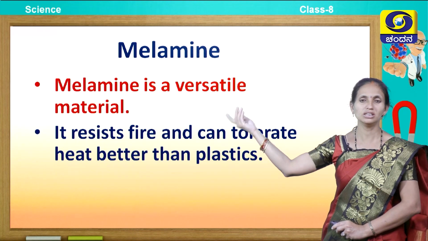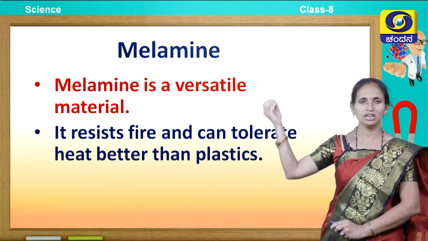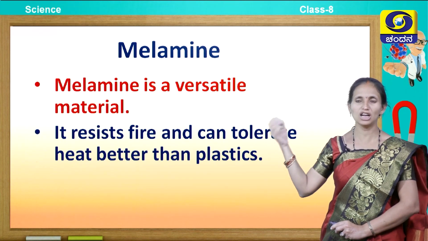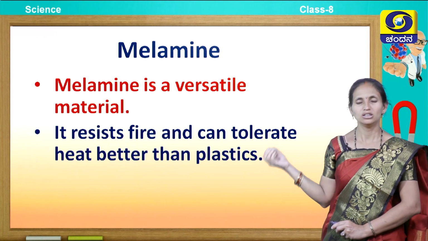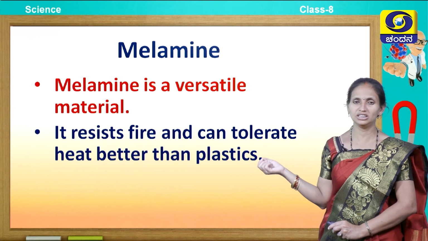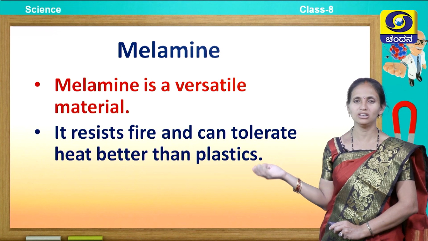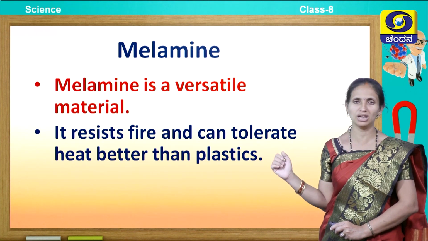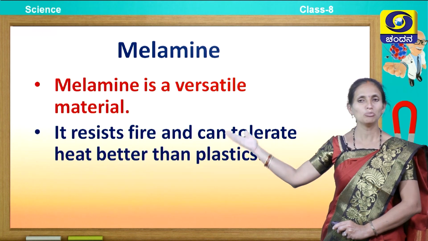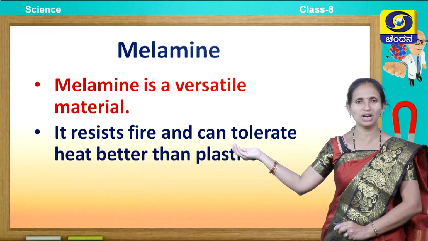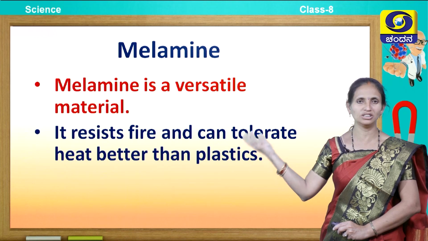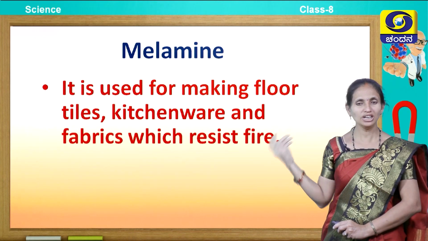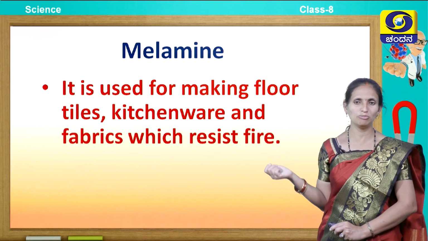Melamine is a thermosetting plastic and a versatile material. Because of its nature, it resists fire and can tolerate heat better than other plastics. So, it is used where heat resistance is needed. What are the uses of melamine?